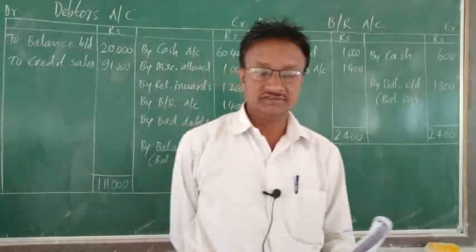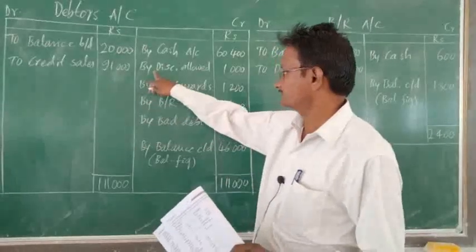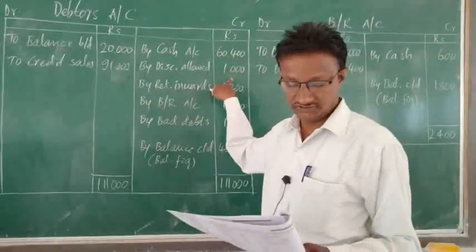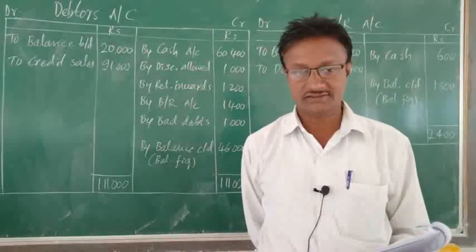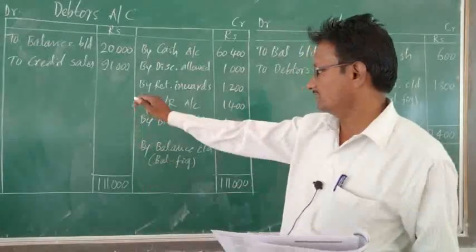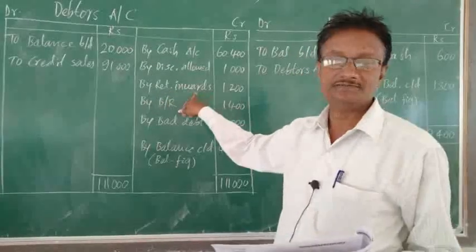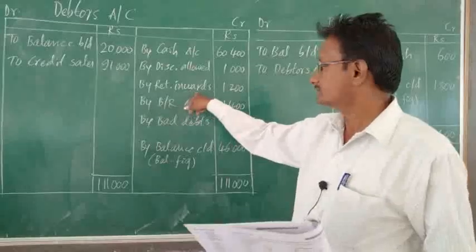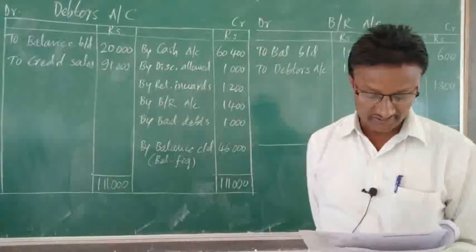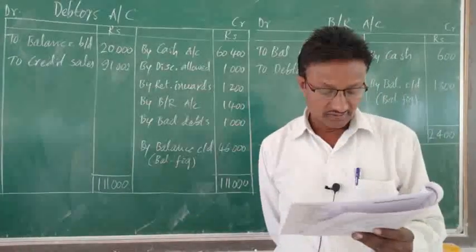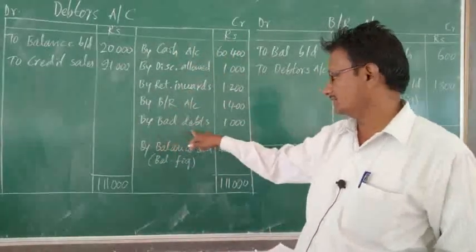Next, discount allowed 1,000 should be entered on the credit side: by discount allowed 1,000. Next, returns inwards, that is sales returns, 1,200, also entered in the debtors account. Next, bad debts 1,000, also entered on the credit side: by bad debts 1,000.